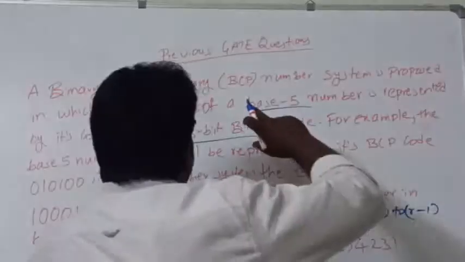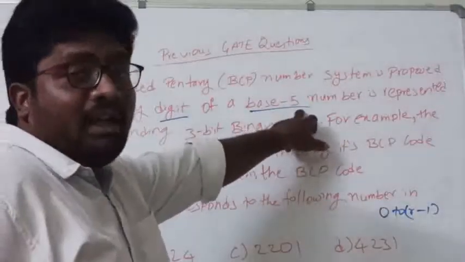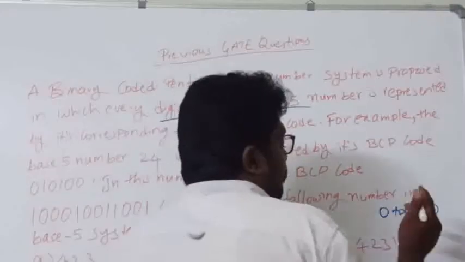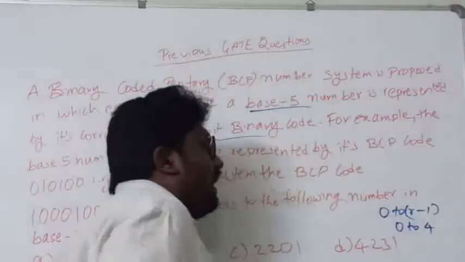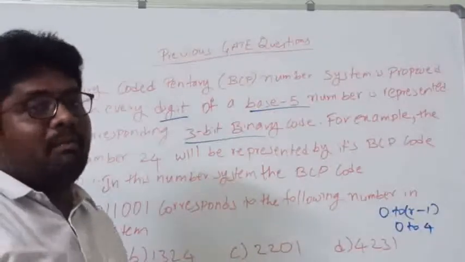Here the base is 5, so we will be having 0 to 4 as the digits in a base 5 number system.